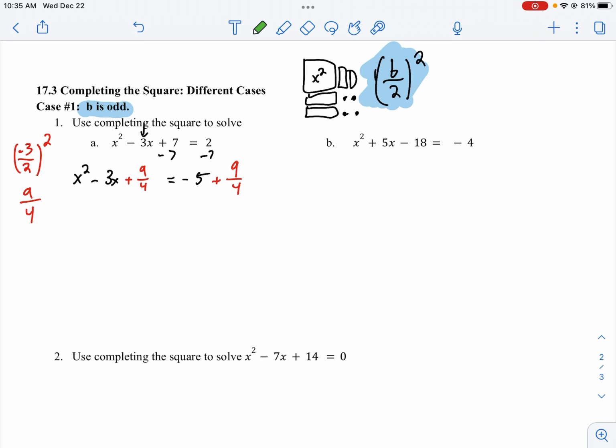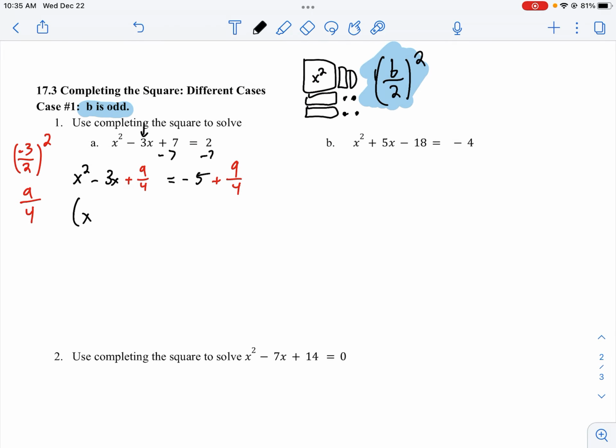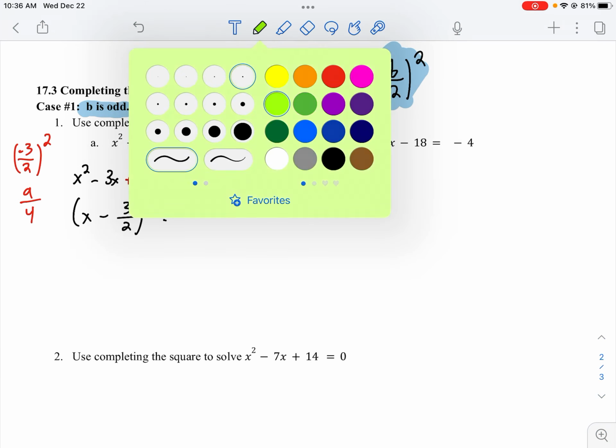Now this left side looks complicated, but if we think about what our square would be, we would have x minus, and then these sides would be b divided by 2. So in this case, that's 3 divided by 2, squared. And then equals, I want to write this as one number. So I have -5 plus 9 over 4.